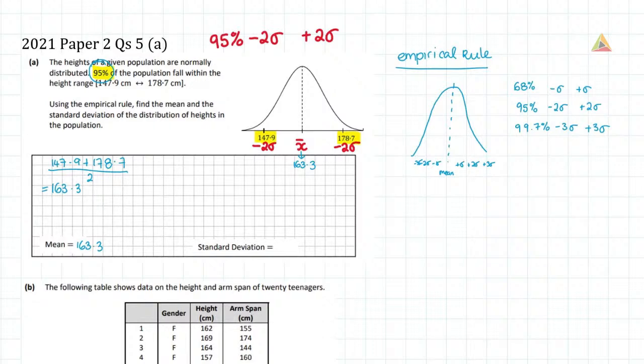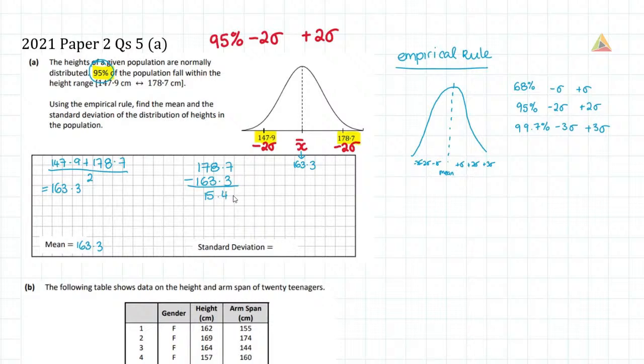Once I've calculated my mean, I now want to work out my standard deviation. So from this point in the middle to either of those numbers that we were given originally is going to be a gap of 2 standard deviations. So if we take the 178.7 and subtract the mean that we have just calculated of 163.3, that's going to give me a figure of 15.4.